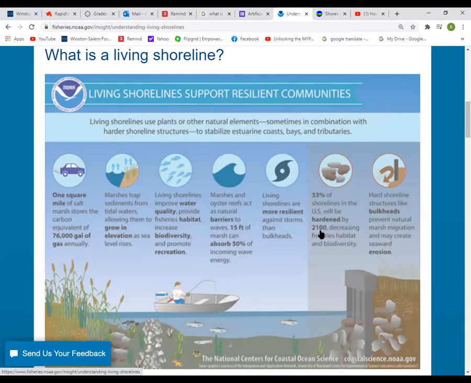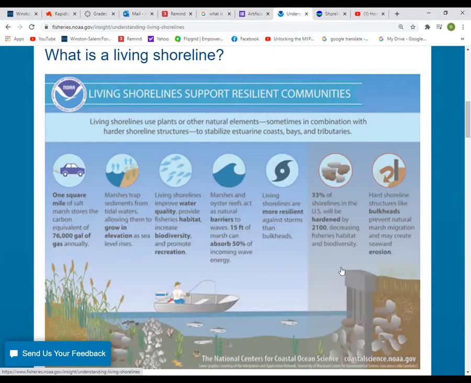Whoa, that's close. Decreasing fisheries habitat and biodiversity. Compare this to this one. Using shoreline structures like bulkheads prevents natural marsh migration and may cause seaward erosion.